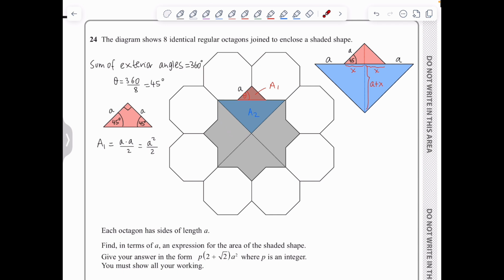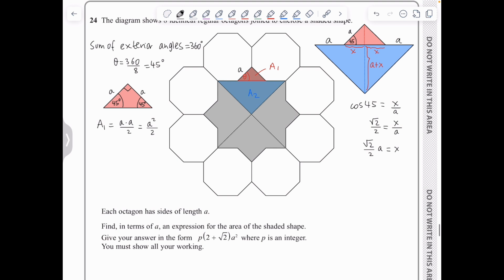Now I will proceed in finding x, and I'll be using cosine. Cos of 45 is x over a. So I've got root 2 over 2 equal to x over a, leading to root 2 over 2 times a being equal to x. So the base of the blue triangle, we can see it's a plus x plus x plus a. So it's going to be 2a plus 2x, which leads to 2a plus 2 times root 2 over 2 times a.